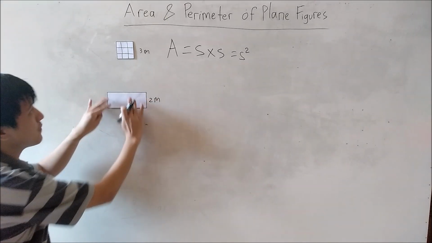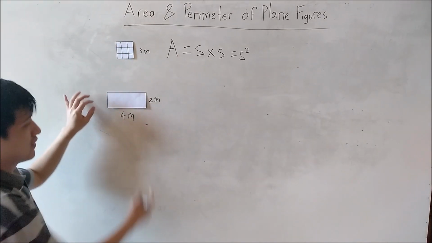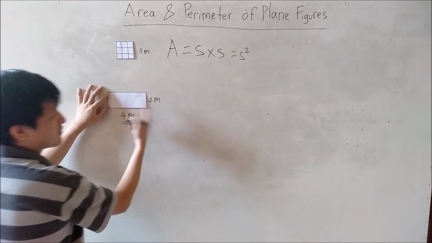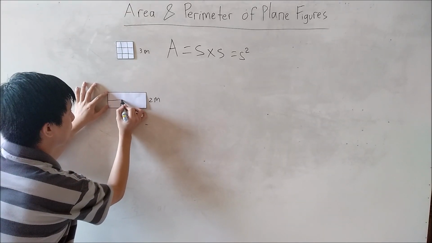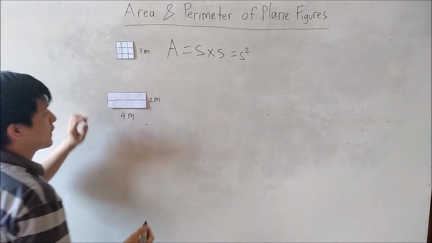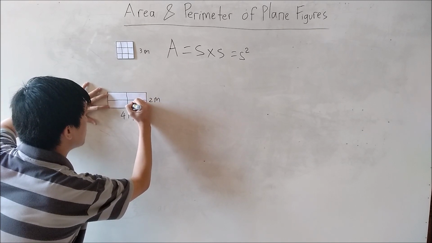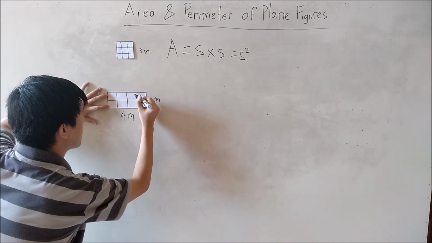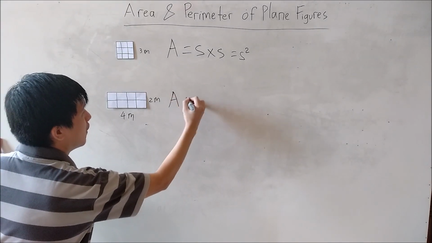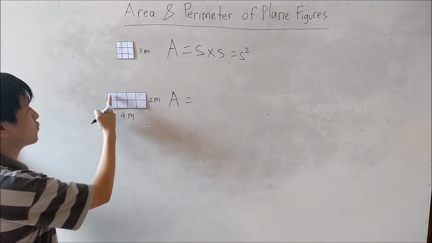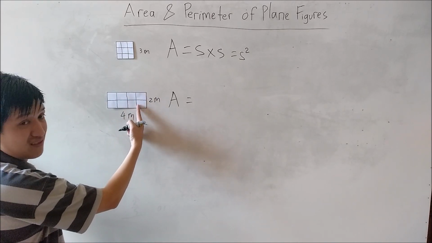What you are going to do, the same thing as with the square, is split it. The breadth says 2 meters, so I will split it into 1 meter each. The same with the length, since it is 4 meters, I will split it into 4, 1 meter each as well. By this, we know that the area of the rectangle is 1 plus 1, 2, 3, 4, 5, 6, 7, 8.